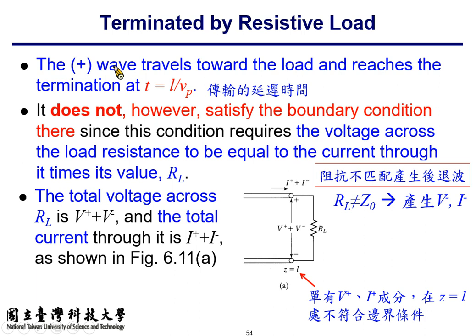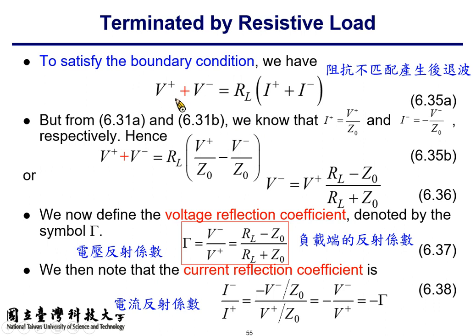Now, because the load resistance is not the same as Z sub 0, you will need additional V minus and I minus terms to satisfy the boundary condition at the right end. So we write up the boundary condition: V plus plus V minus equals RL times I plus plus I minus.